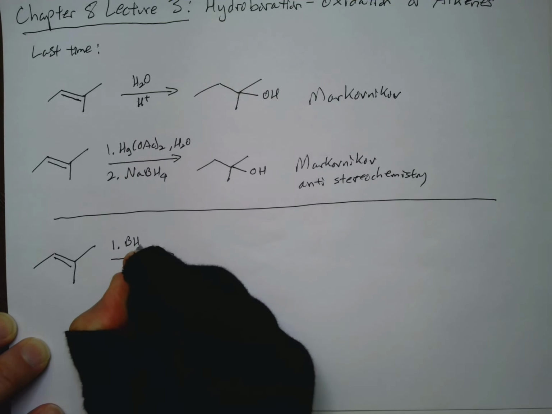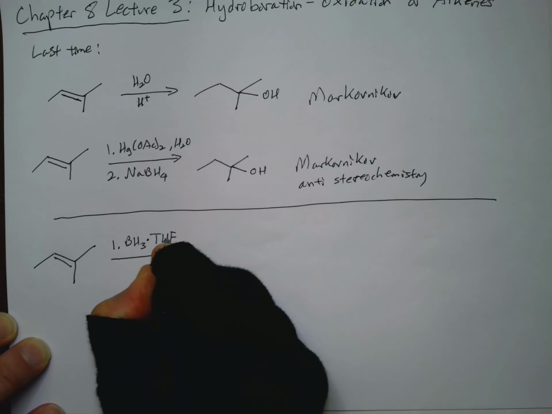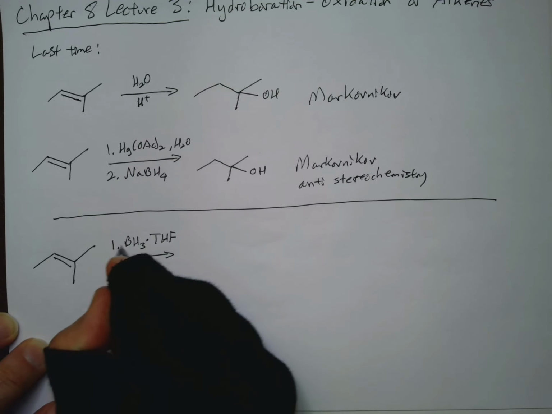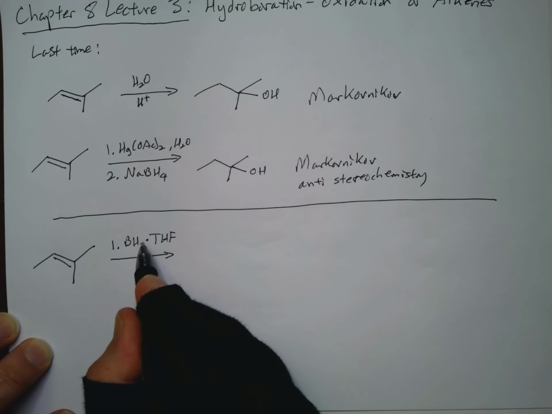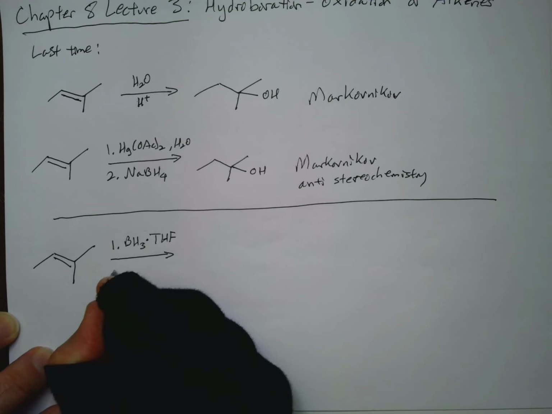The first step will be to react our alkene with a boron compound, and the one we use is BH3.THF, and I'll draw that in just a minute.